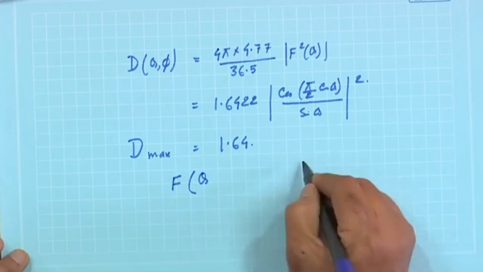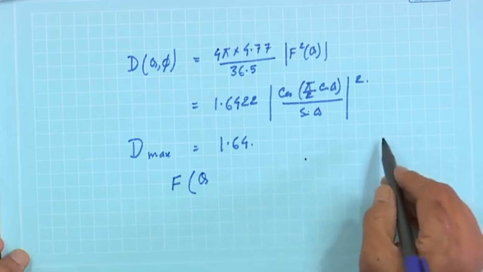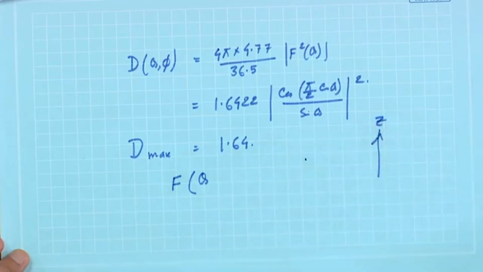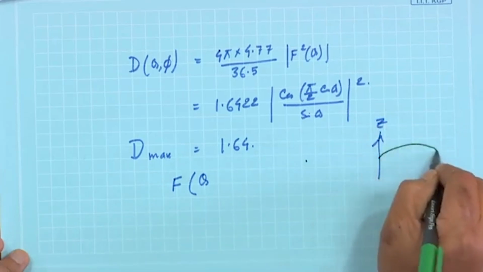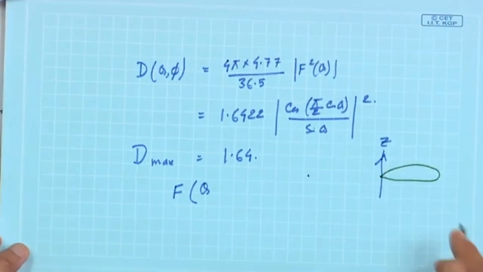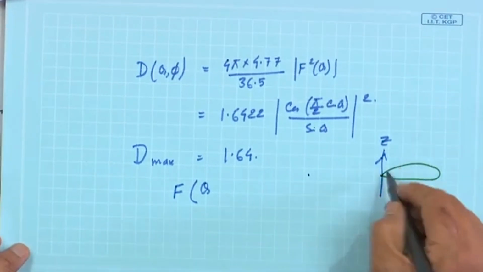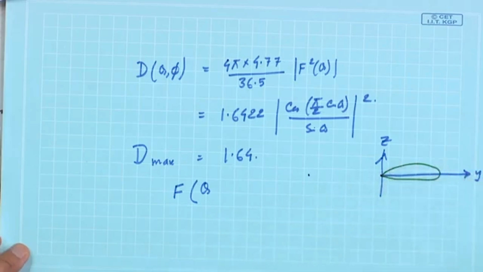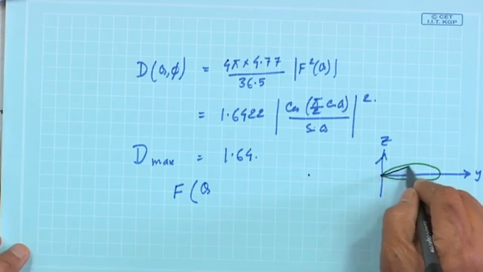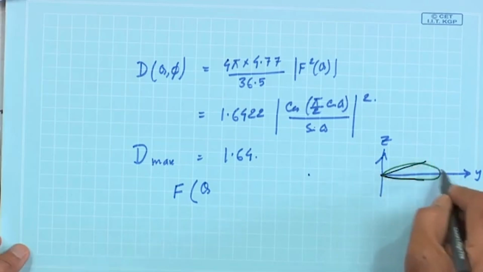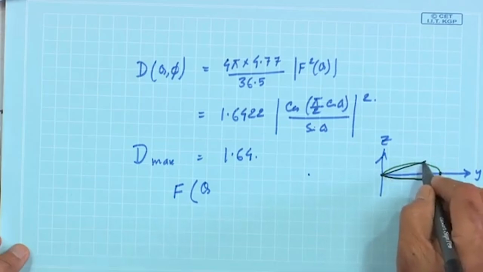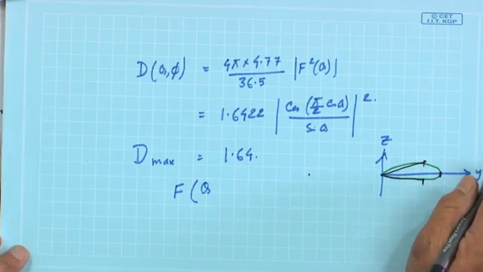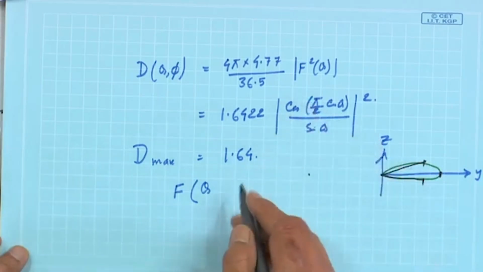If we plot the radiation pattern in the theta plane, with z axis and y axis like this, then for the half power beam width I will have to locate the points where it has half of the power compared to the maximum, that means voltage wise f theta will be half of that.